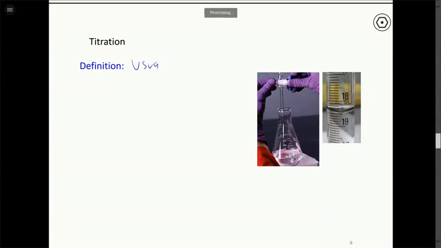Now, it has a fancy name because what we're doing operationally in a titration is we're using a solution of a known concentration to determine an unknown concentration of something else. So when we're doing a titration, we're mixing two solutions together, and one of those solutions we know the concentration already. Doesn't really work if both of your solutions have unknown concentrations.